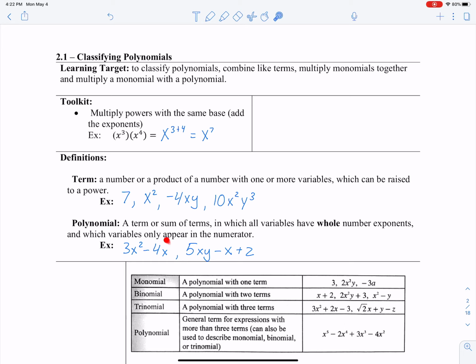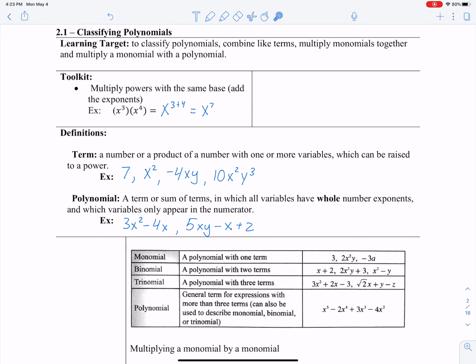So notice the difference between this and this is that these are all multiplying each other. Here we're having a subtraction in the middle. So we have two terms here. This is one term and this is a different term, and we have a subtraction in the middle. Here, this polynomial has three terms. This is term number 1, this is term number 2, and this is term number 3. And there's a subtraction and an addition that's separating them.